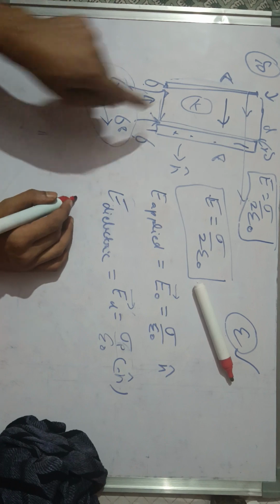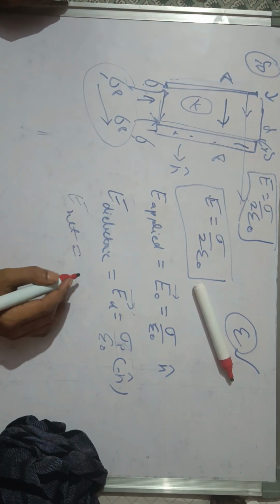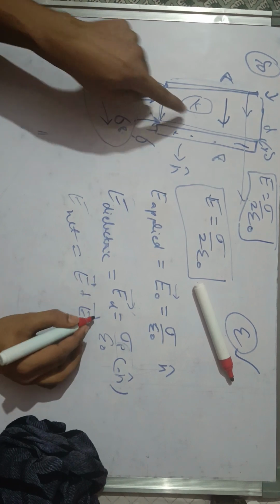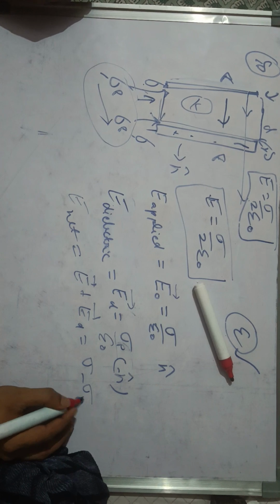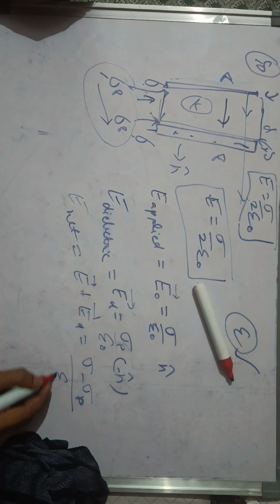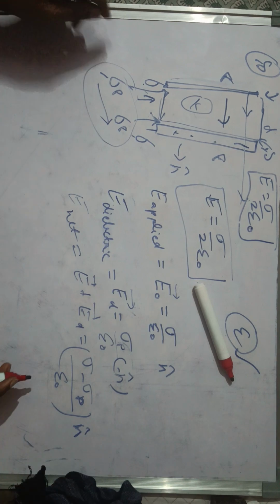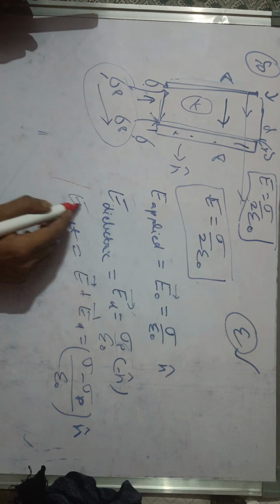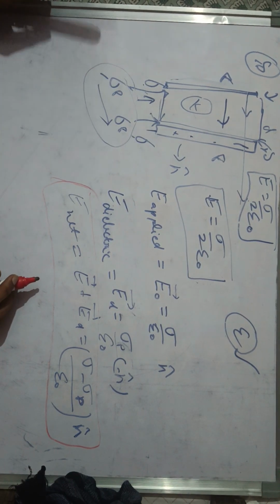Now the net electric field in this medium, E net, is equal to E plus ED, which is equal to sigma minus sigma p upon epsilon naught n cap, where n cap is in the direction of the applied electric field. This is the equation of E net in this medium.